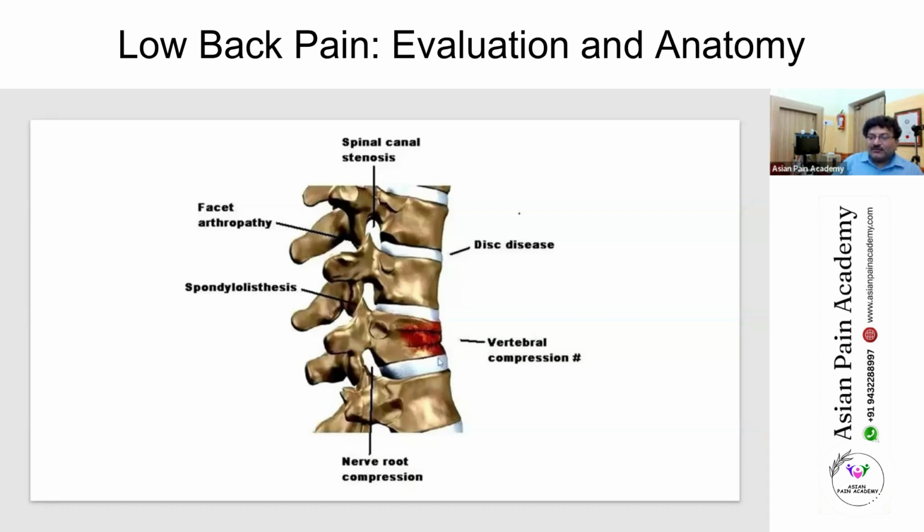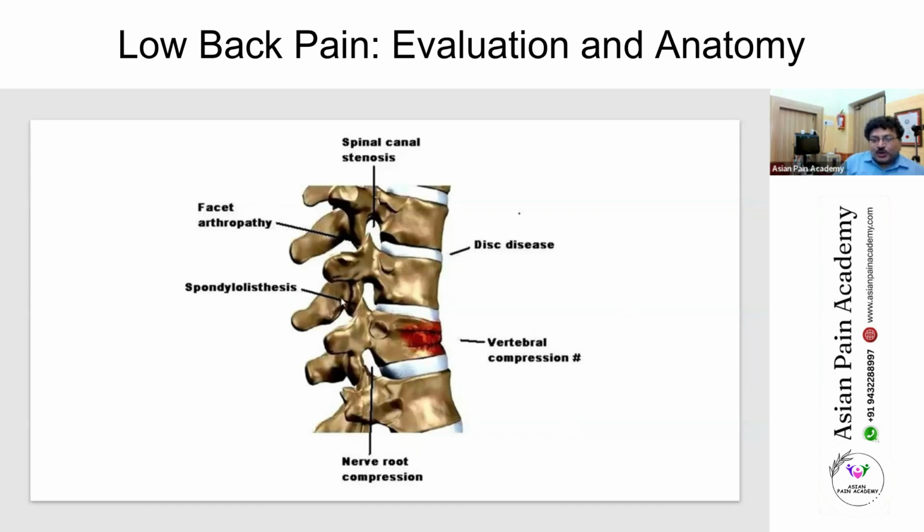For example, vertebral compression fracture, maybe traumatic, maybe osteoporotic, or maybe a malignant fracture. So that could be a cause of pain, and we all know compression fracture patients have problems sitting because whenever the patient is sitting, more loading occurs over the vertebral body and the disc. So the patient complains, and usually the pain is relieved slightly in the lying down position.